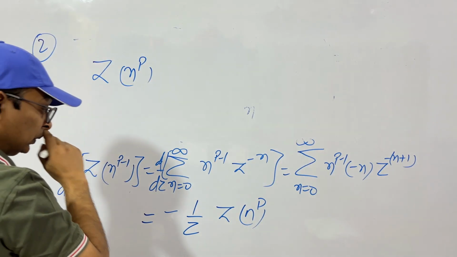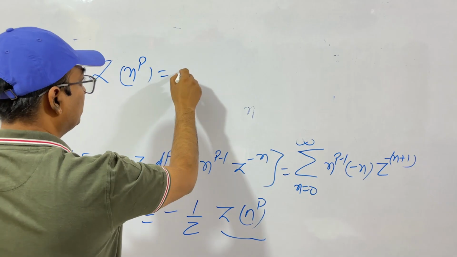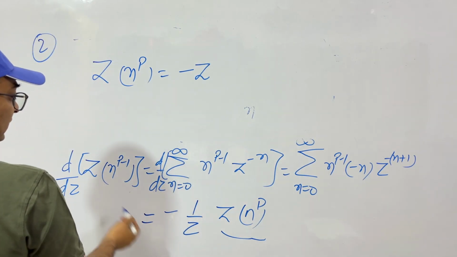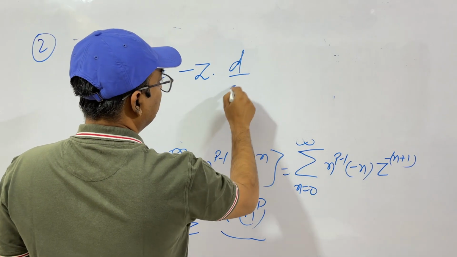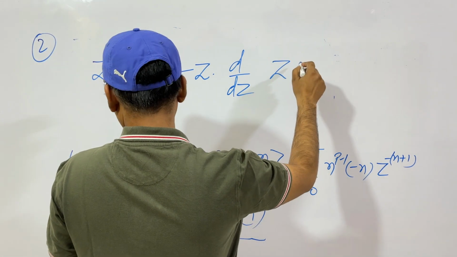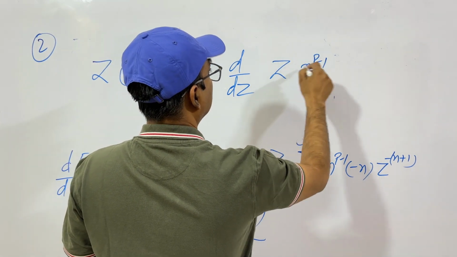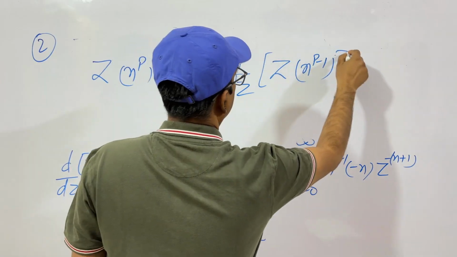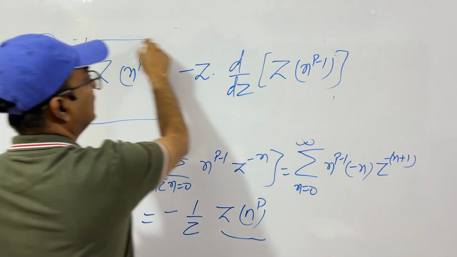So finally, Z of n to the power p, which is what we want to find, will be equal to minus z, taking this side, times d by dz of Z of n to the power p minus 1. Okay, so this is a very important result.